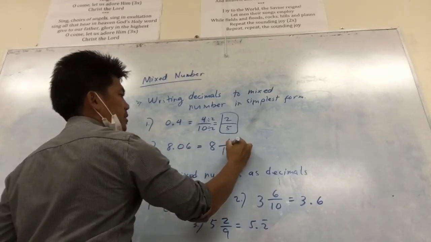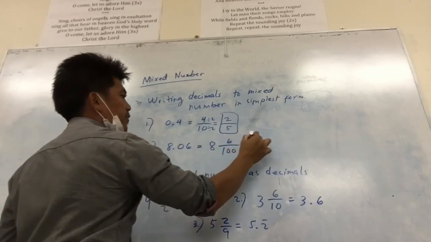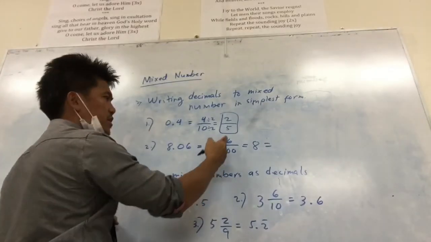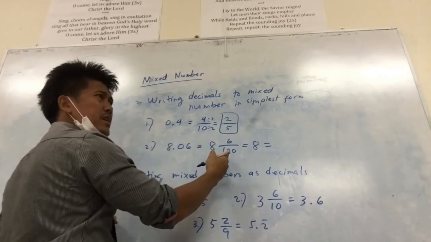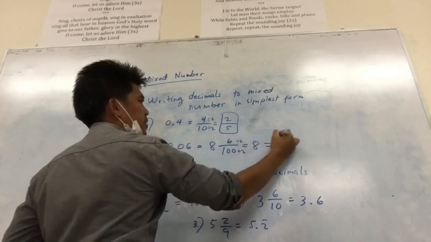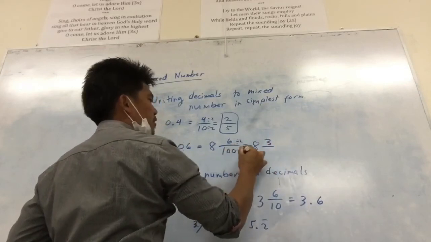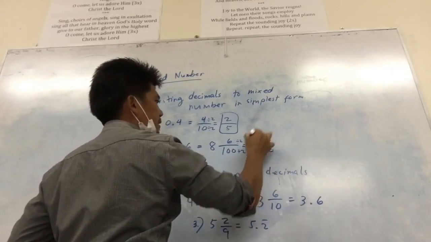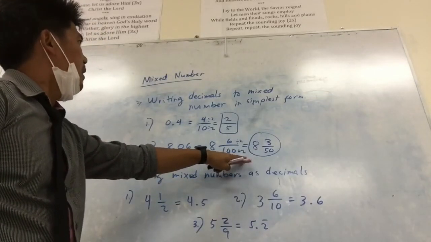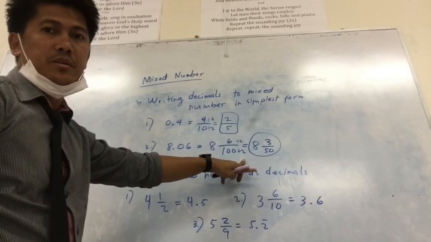Hundredths. So 6 over 100. Simplify. The GCF of 6 and 100 is 2. So divide by 2. This is 3 over 50. Okay, so that's how you make a mixed number or fraction from decimals.